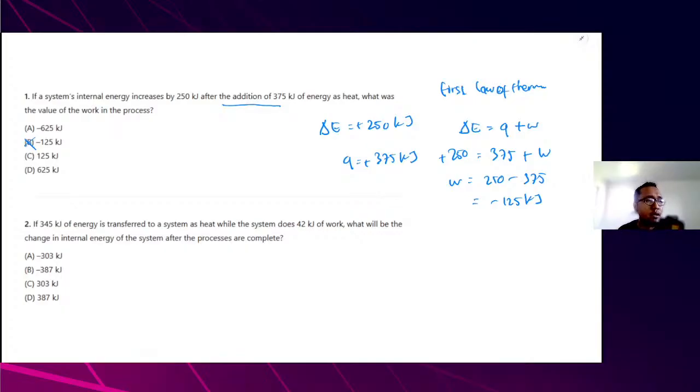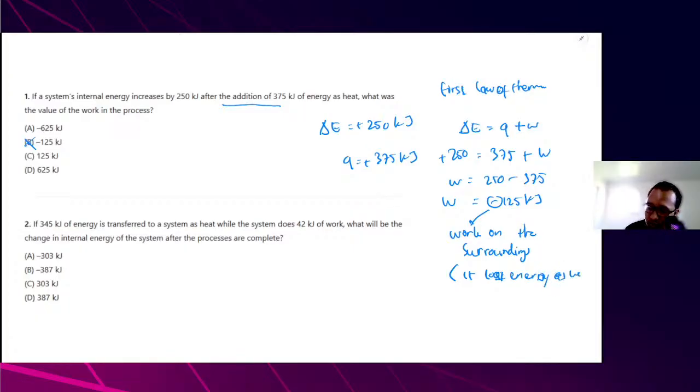So the answer is negative, B. The negative sign here tells us the system did work on the surroundings, or we can say it lost energy as work.